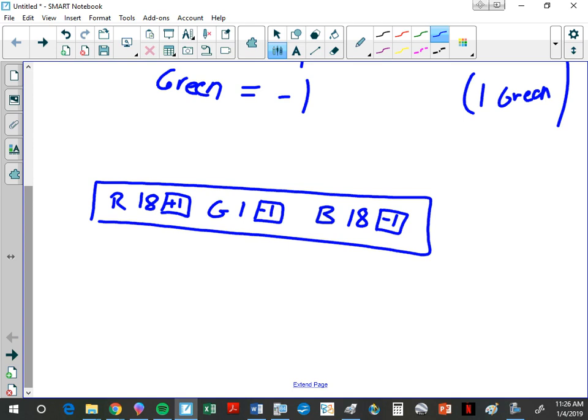Does that make sense? Now, does it have to be 18, 1, and 18? No. It could be 36 and 2 and 36, or it could be 180 and 10 and 180. It doesn't matter. As long as the ratio is the same, it doesn't matter how many tickets are in the box. But it's a lot easier to make 18, 1, and 18.